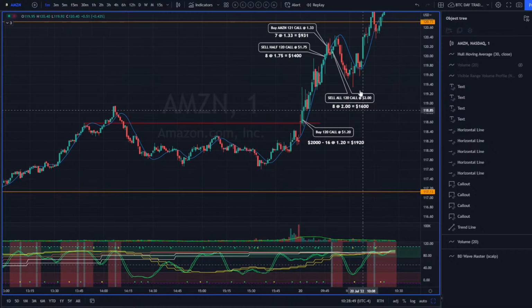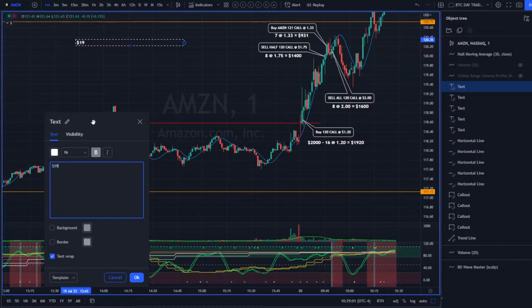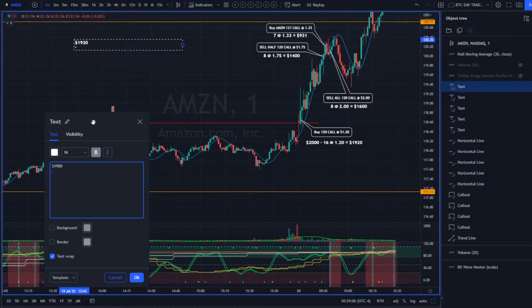Remember, we put $931 into the 121 call. But let's see how much money we made off of the 120 call. We started with $1,920, and then we reclaimed $1,400, and then we reclaimed $1,600, which equals $3,000.